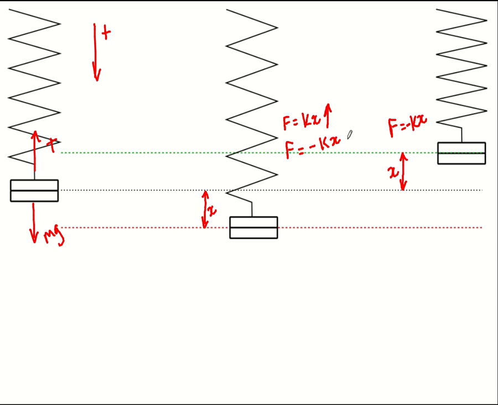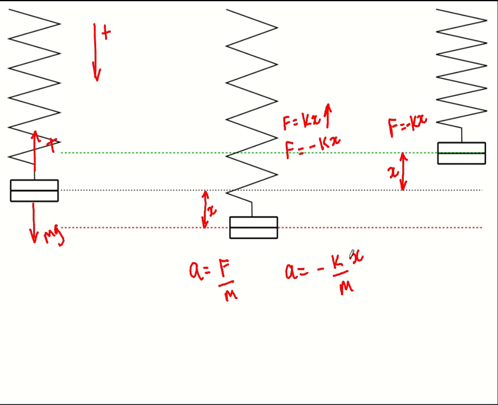Okay, so we've proven that the resultant force acting on this spring is proportional to minus x, which is what we wanted, but what we need to do is prove that the acceleration is proportional to minus x. Well, that's fairly easy, because acceleration is F over m from F equals ma, and so we can say that the acceleration of a spring is equal to minus kx over m.